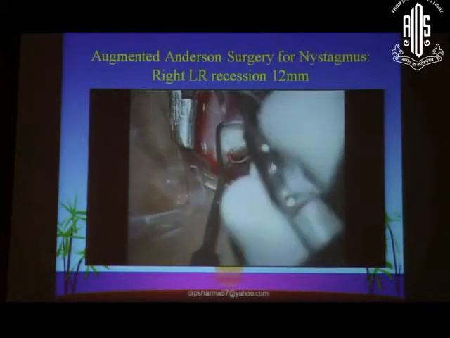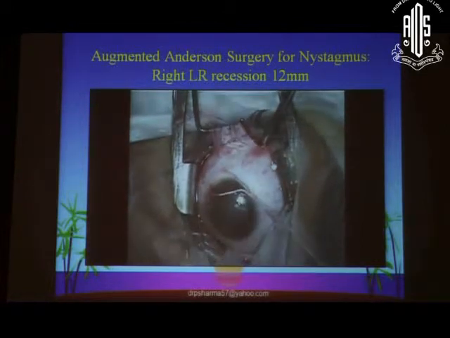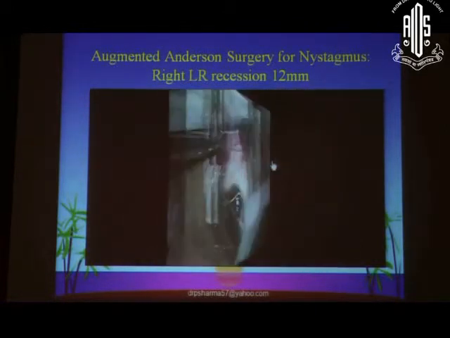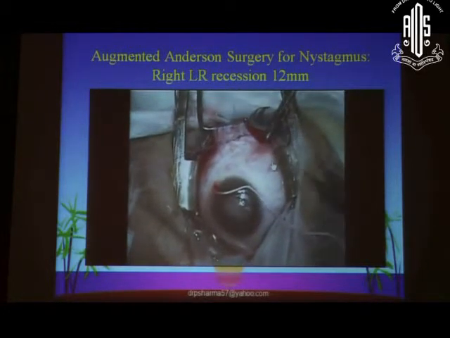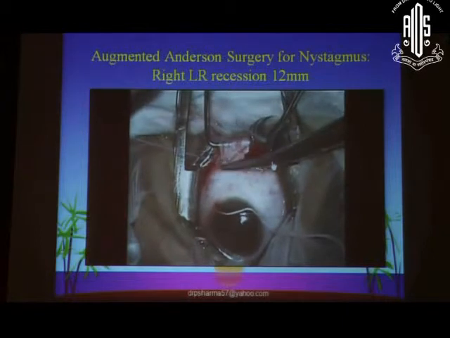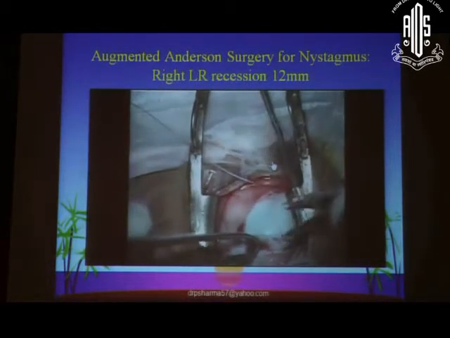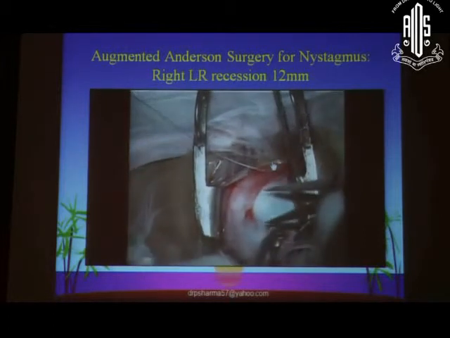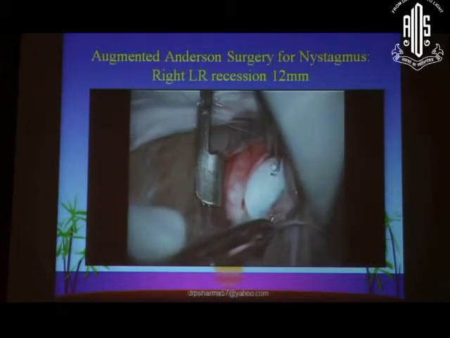So how do you do this? This is a little tricky procedure as far as surgery is concerned. Now this is showing the 6-0 vicryl sutures passed as we usually do in strabismus surgery after opening the conjunctival incision, and now the muscle is being disinserted. Now marking is important here, that you are going to mark it in 2 sets, like 6 and 6, because one 12 mm measurement would not be as correct.